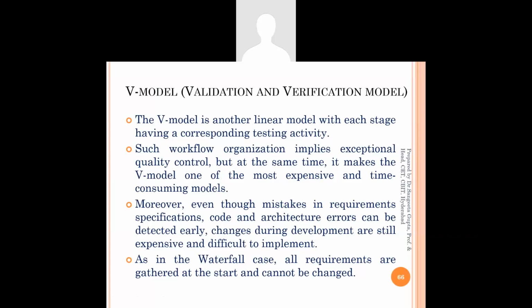Once we have a thoroughly fixed set of requirements and thorough analysis is carried out, then only it is preferable to go with the V model. If we have strict budget and strict constraints, then in that case it is not preferable.